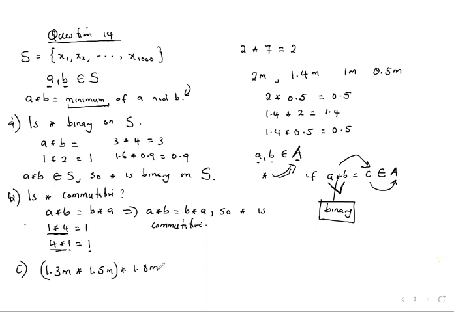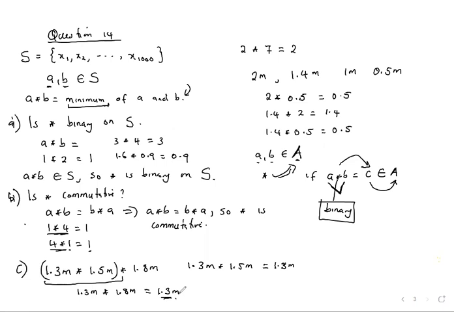What is 1.3 meters star 1.5 meters? The smaller one, 1.3. So this whole bracket is the same as 1.3. Then 1.3 star 1.8. Again, the smaller one, 1.3. That's all.